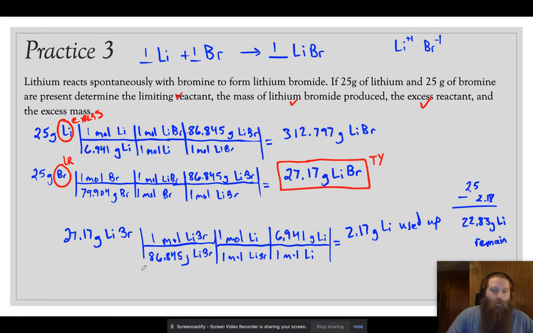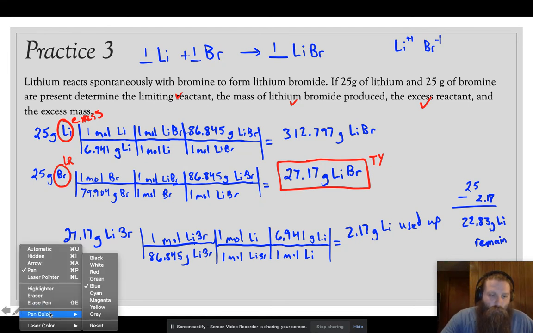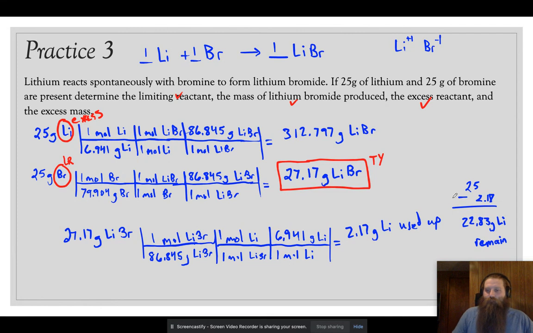There we go. So flip over to red. We'll box in our answers. And we have found the excess mass. So there we go. All four things. 3 conversions to do that and a subtraction problem.